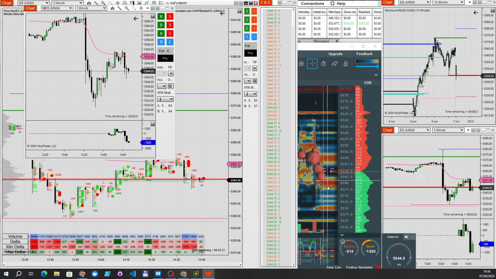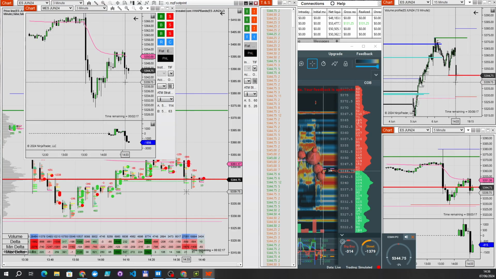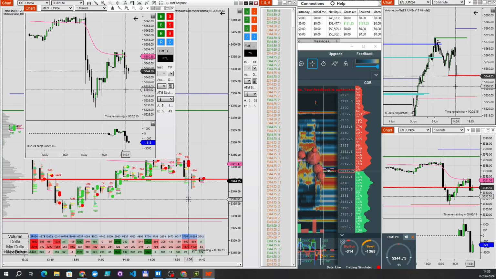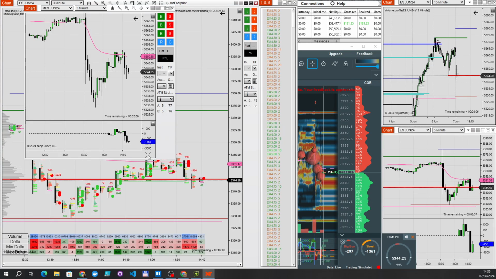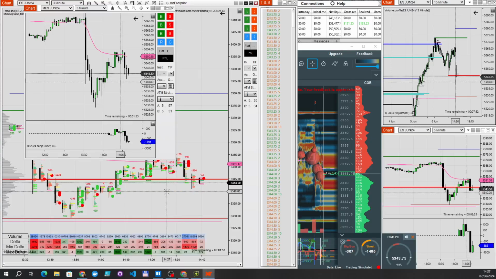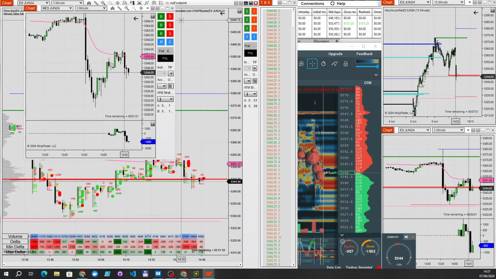I'll wait for this liquidity to be taken. 37, 34, 37. Yeah, maybe here. 30. Here's this fair value gap.